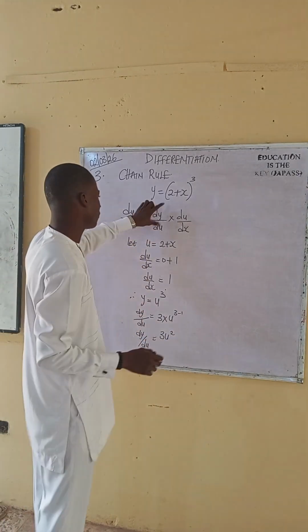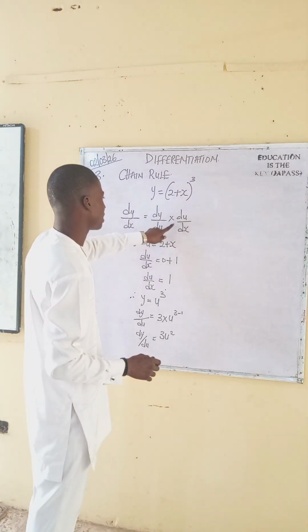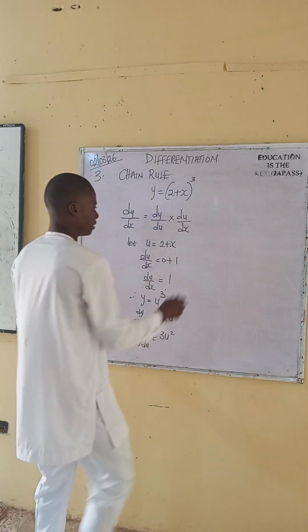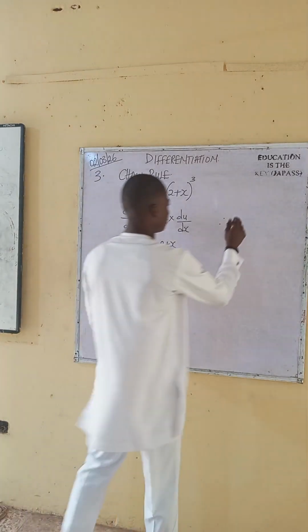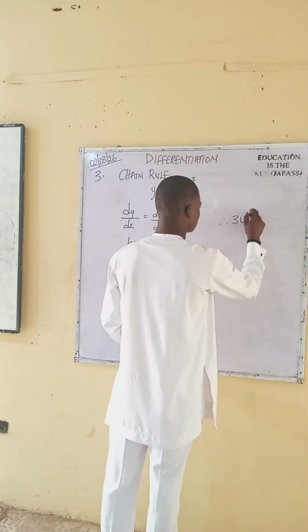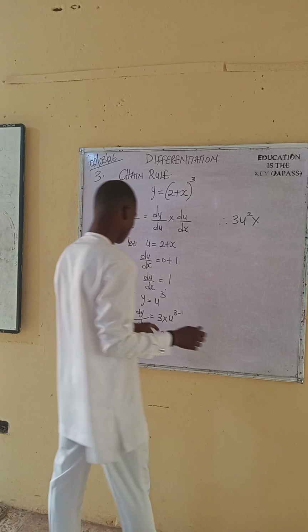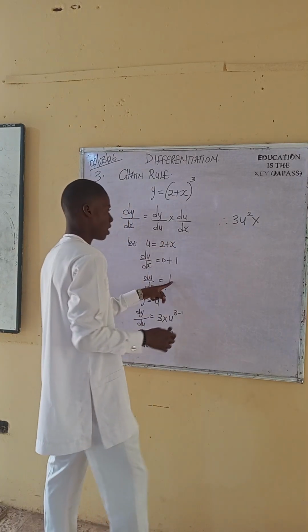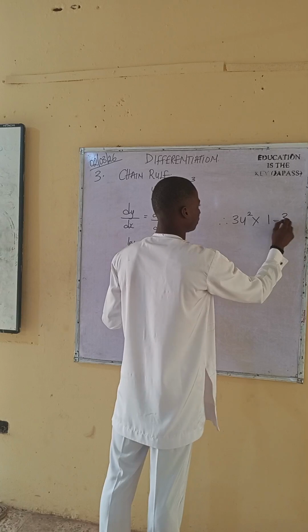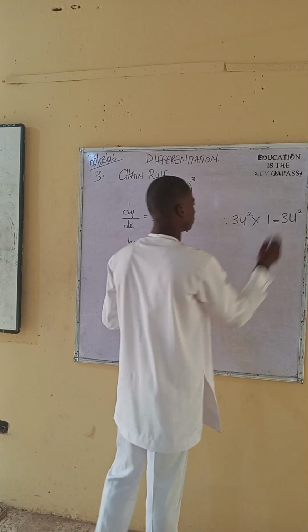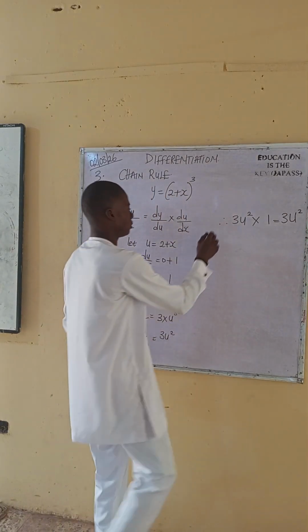So now, from the formula, I said dy over du times du over dx. dy over du is 3u squared, so I want 3u squared times du over dx, which is 1. So therefore, this is equal to 3u squared.